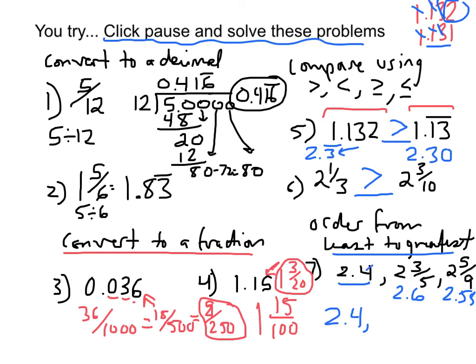The next one up would be 2.55, which is 2 5/9. Don't need the decimal there. And the last one would be 2 3/5. So from least to greatest, 2.4, 2 5/9, and then 2 3/5.